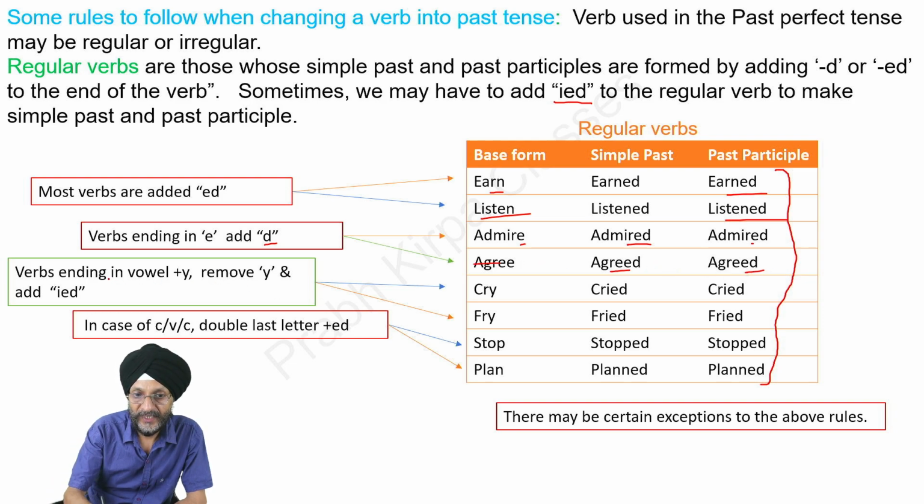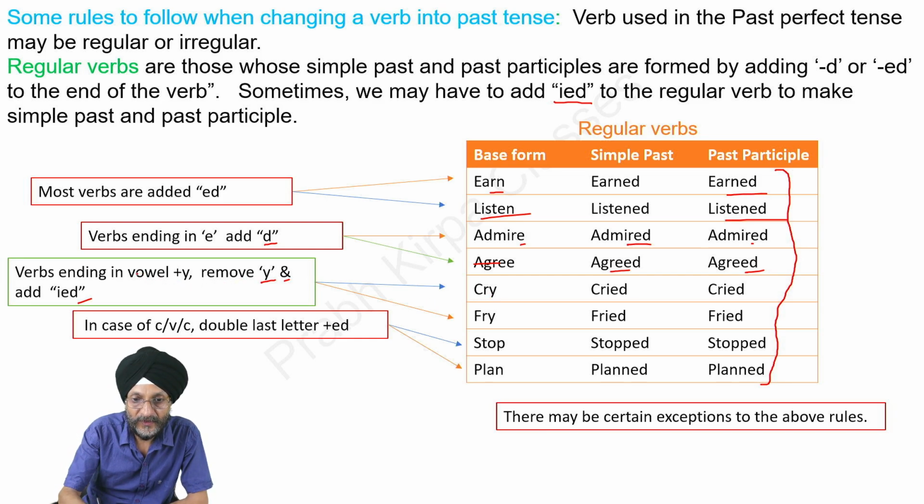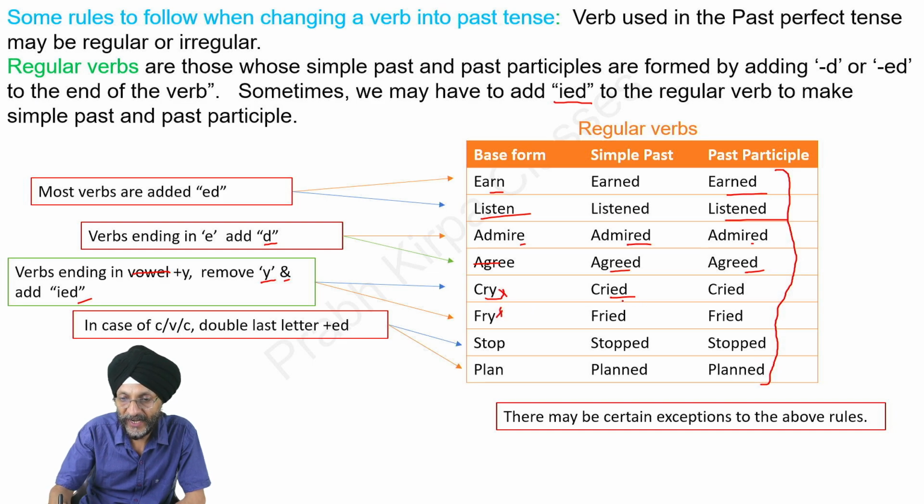In case of verbs ending in consonant plus y, we have to remove y and add ied. Cry becomes cried. You will see y has been removed and ied has been added in both the verbs.